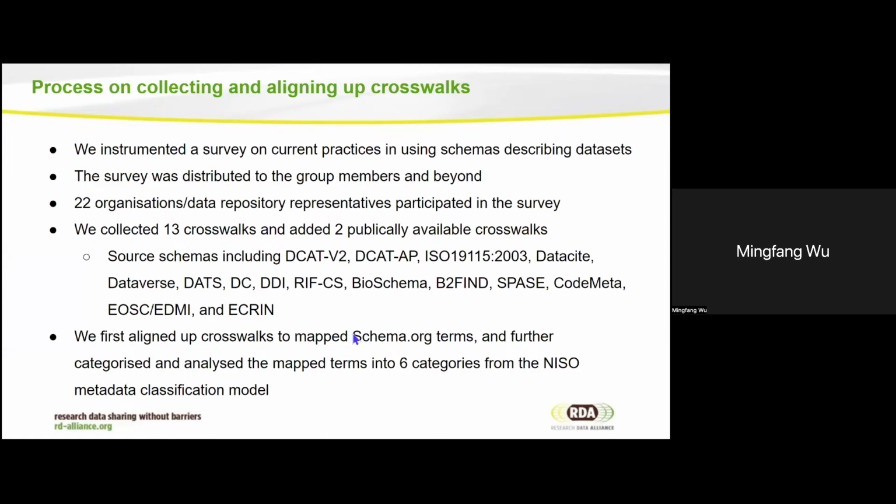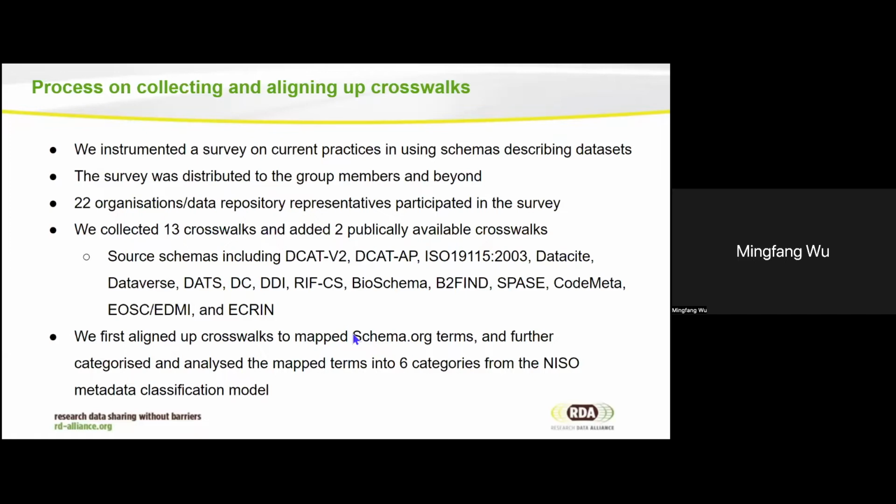When we started this working group, we conducted a survey on current practice in using schema.org to describe datasets. That survey was distributed to the group members and beyond. There were 22 organizations that participated in the survey. We collected 13 crosswalks from the survey, and we also added 2 publicly available crosswalks.